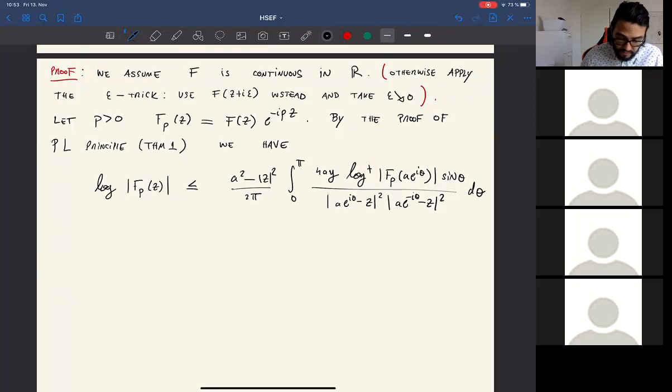So now we have to use problem 25. It's also easy to show if you go through the proof of the Phragmén-Lindelöf principle again.